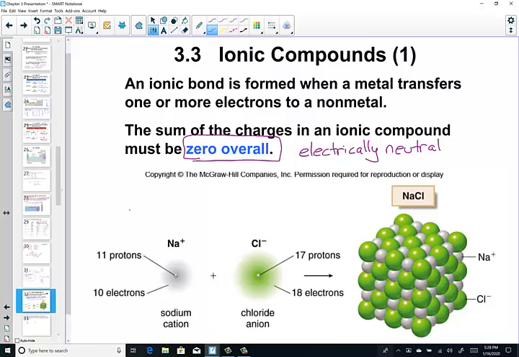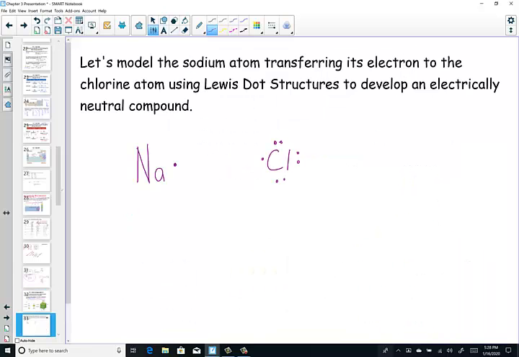So I wanted to model this picture, but I'm going to go through that step by step. Sodium, with its 1 valence electron, lives in group 1A. So that's how I know it has 1 valence electron. As an atom, 1 dot. Chlorine lives in group 7A. That's how I know as an atom it has 7 valence electrons.